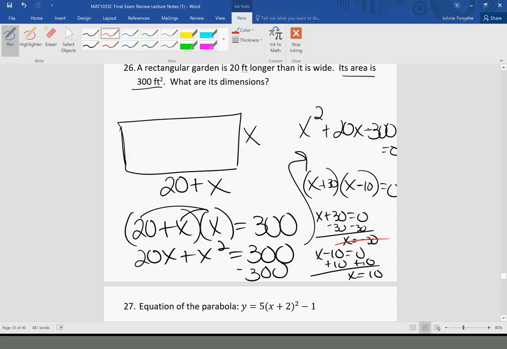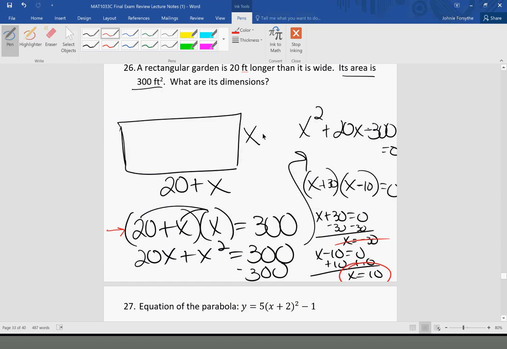If the problem had no context and wasn't talking about any real life situation, then sure, you'd have two solutions, x equals negative 30 and x equals 10. But these values came from a real world problem, so we don't want to include the negative answer. You can't have a negative dimension, so we're only going to accept x equals 10, and that's going to give me my information to answer the question.